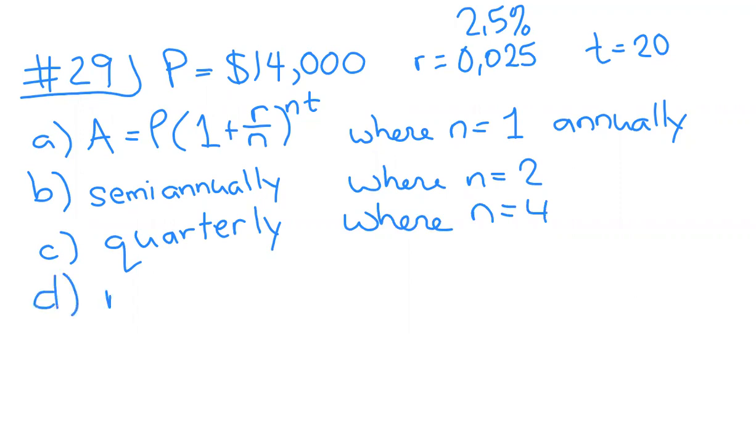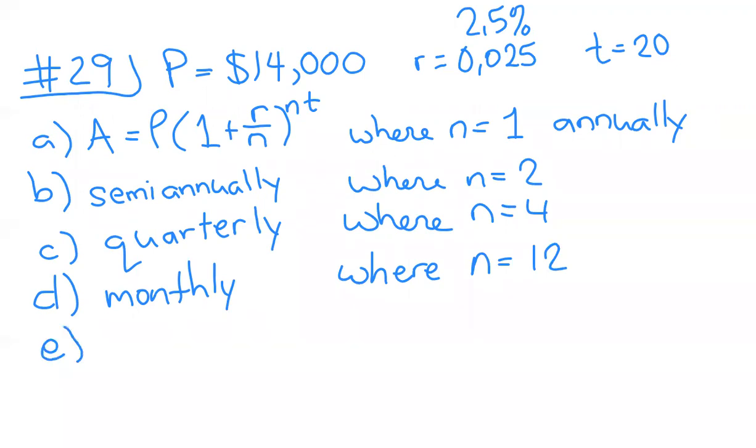D is monthly. So use the same equation, but change N to 12. E is daily, which here at least they remind us that N is 360.